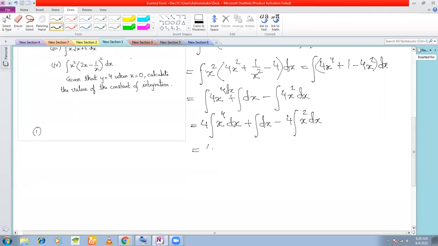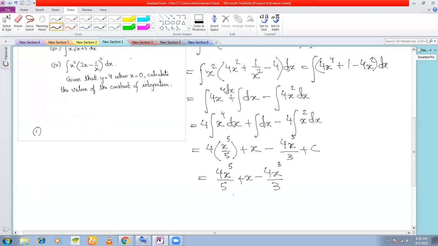So you get here 4 into x to the power of 5 by 5, plus integral dx is simply x, minus 4 integral x square is x cube by 3, plus c, constant of integration, is equal to 4x to the power of 5 by 5 plus x minus 4x cube divided by 3.